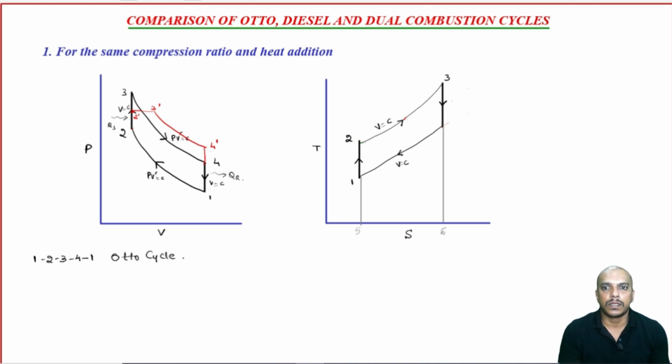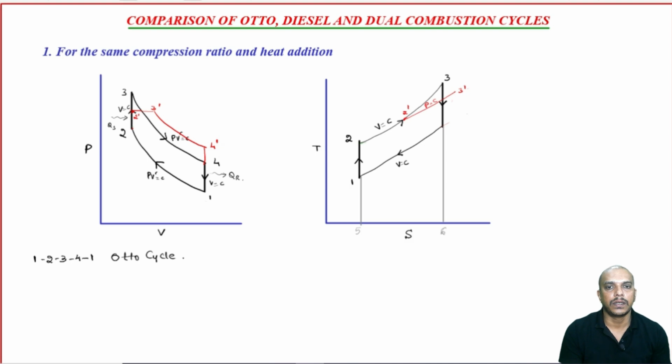Okay. Now, similarly, here also we will write 1 to 2 is compression, 2 to 2 dash is constant volume heat addition, all right. Then 2 dash to 3 dash is constant pressure. Now, this is constant pressure line.